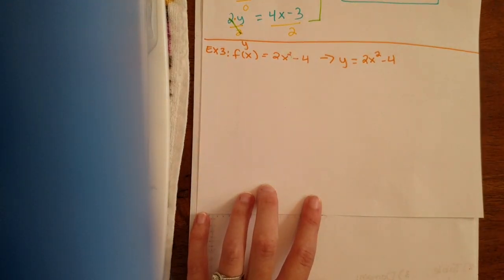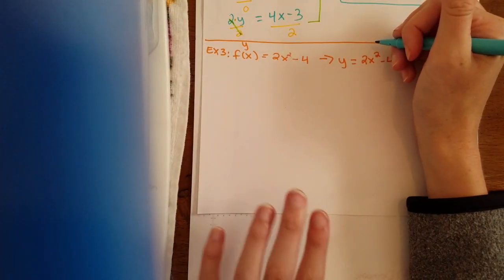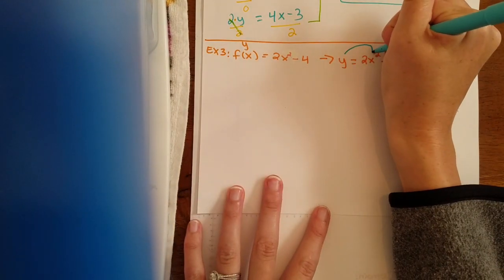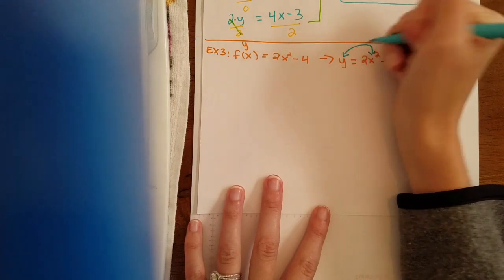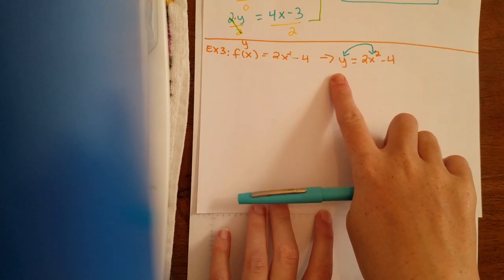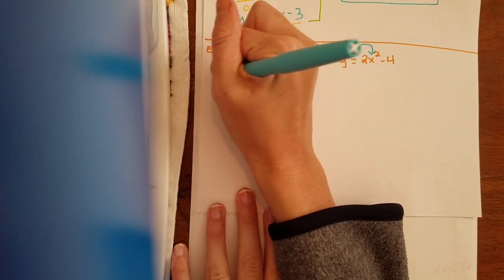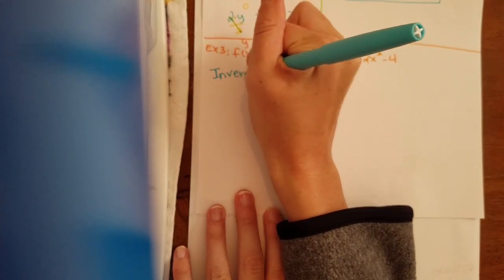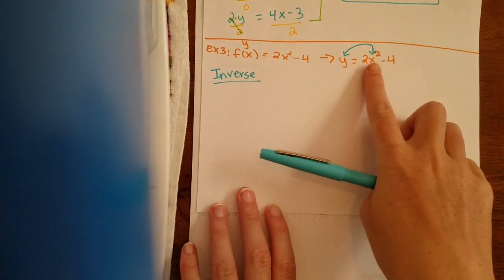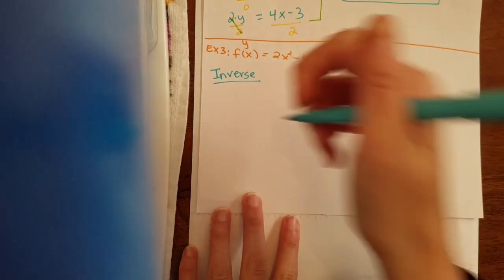Now remember from the previous problem that to find the inverse, what we have to do is interchange, that's the fancy word we keep using, our x and our y. So my x is going to hop to where y is, and my y is going to hop to where x is. Moving on to our inverse function: if my x hops to where the y is, that y is going to transform into an x.